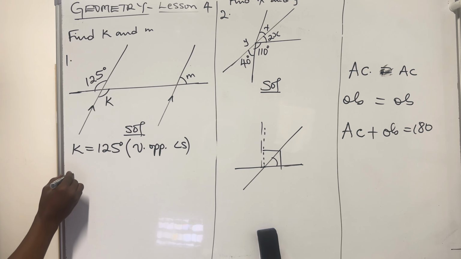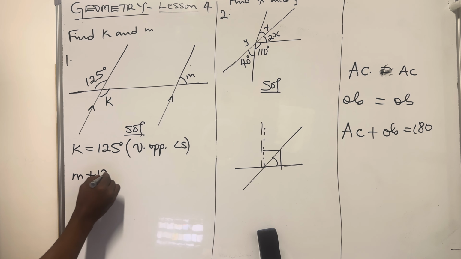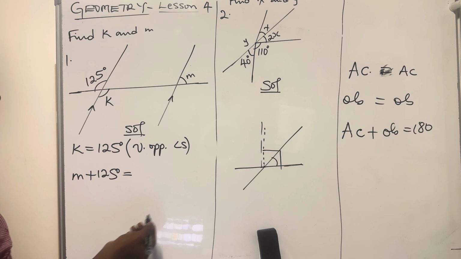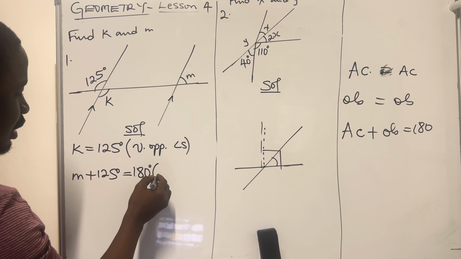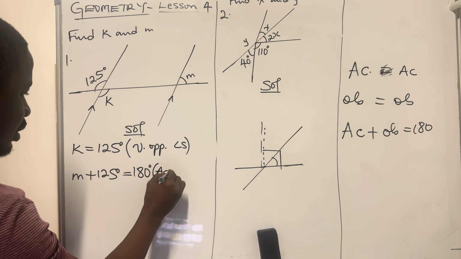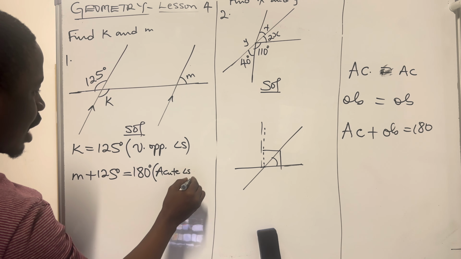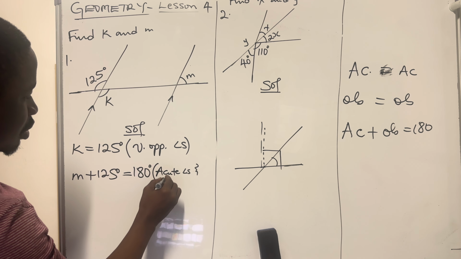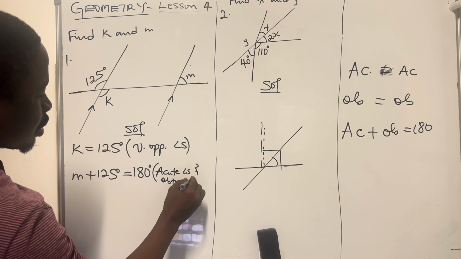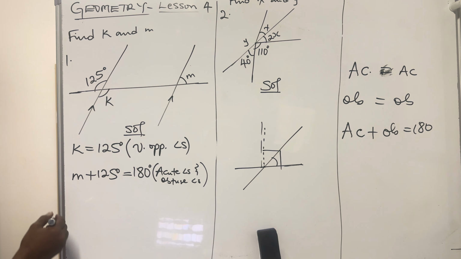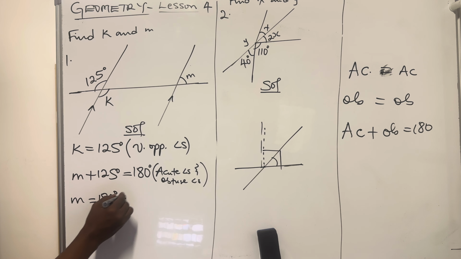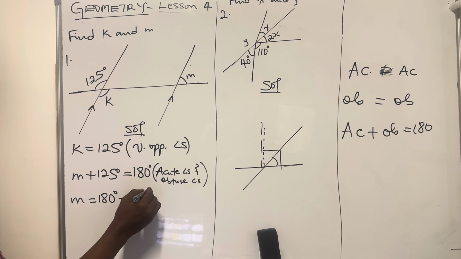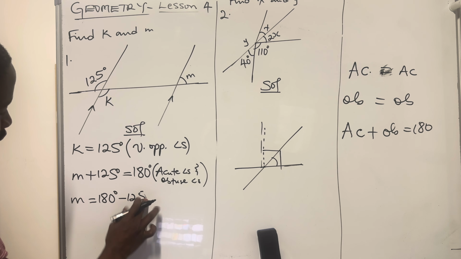So we say M plus 125 equal to 180 degrees. What is the reason? Acute angles and obtuse angles. So we say M is equal to 180 degrees minus 125 degrees.